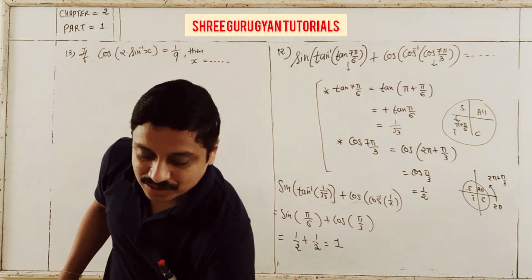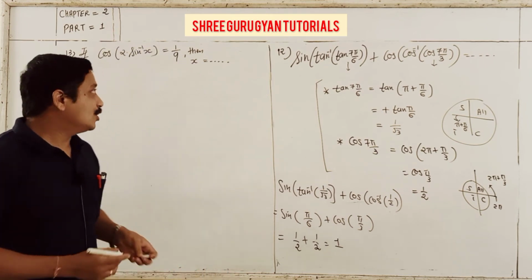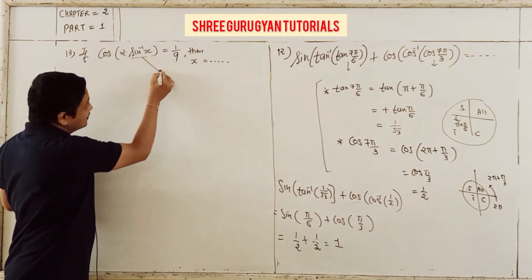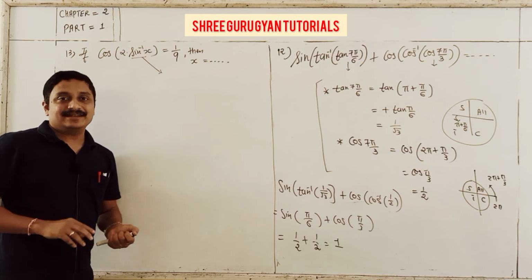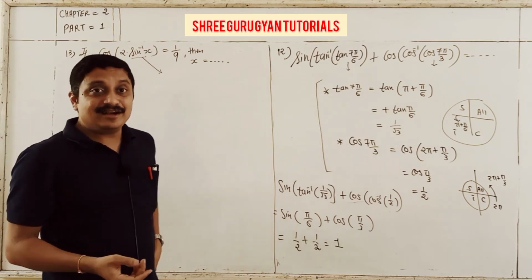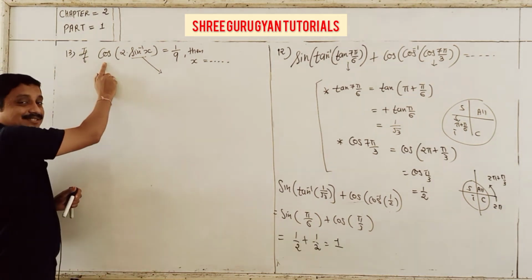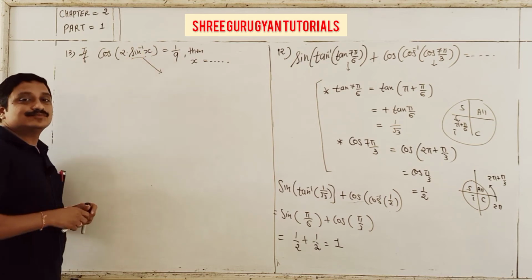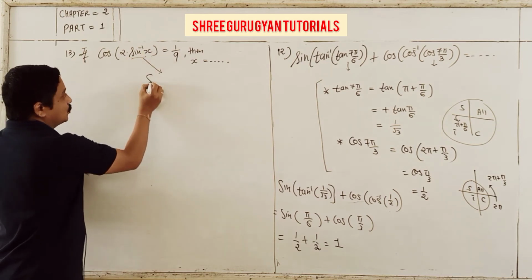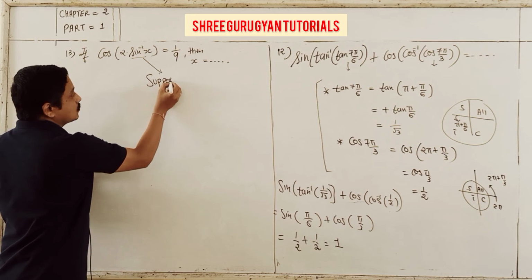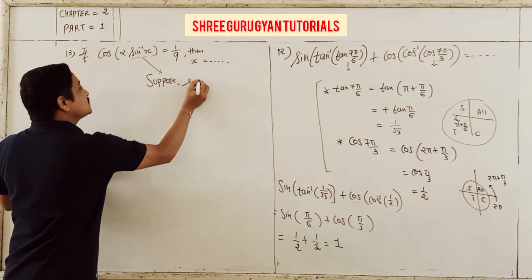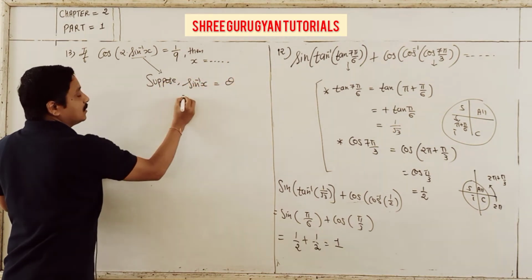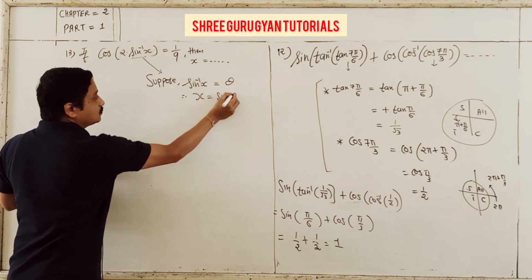So here, students, first focus on the internal part and simplify it in terms of cos. Suppose sine inverse x is theta, so definitely x becomes sine theta.